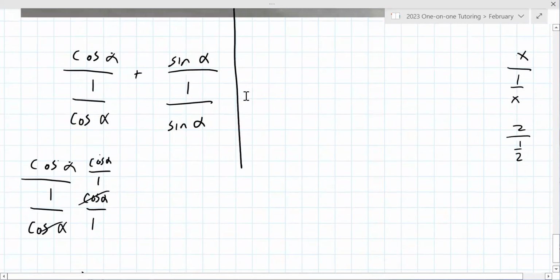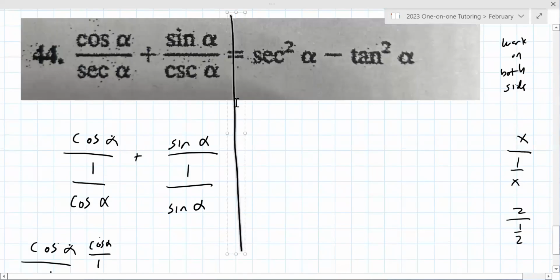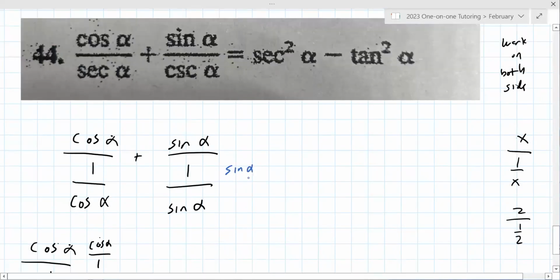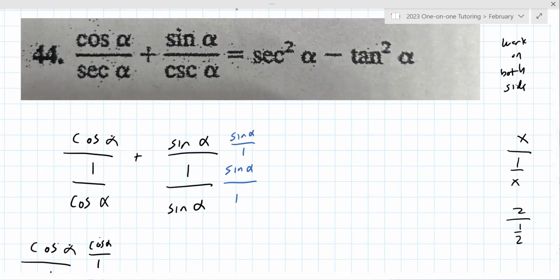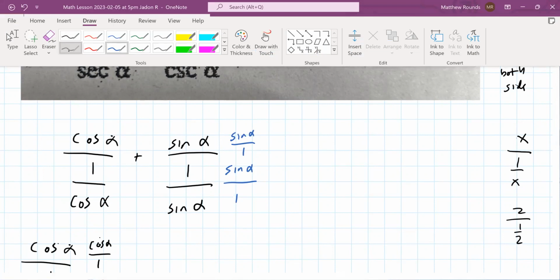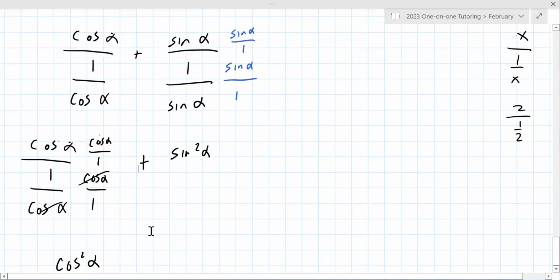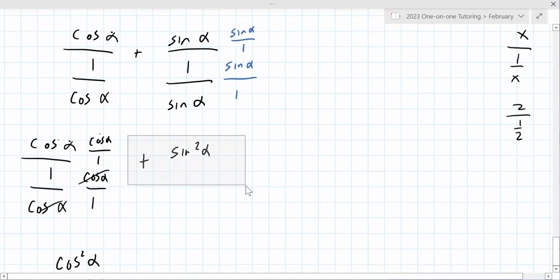Similarly, you're going to have that here with the sine. You multiply the top and bottom by the reciprocal, so it becomes sine squared alpha, like this. Let me bring that down.